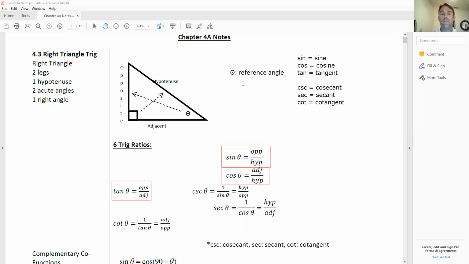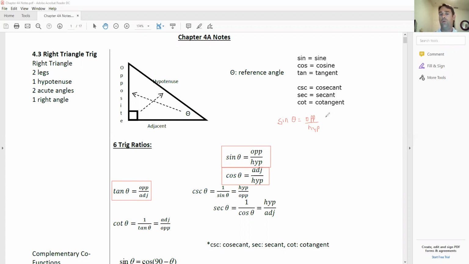If you're looking at these trig functions, we know that sine is opposite over hypotenuse. But we call it the reciprocal function.